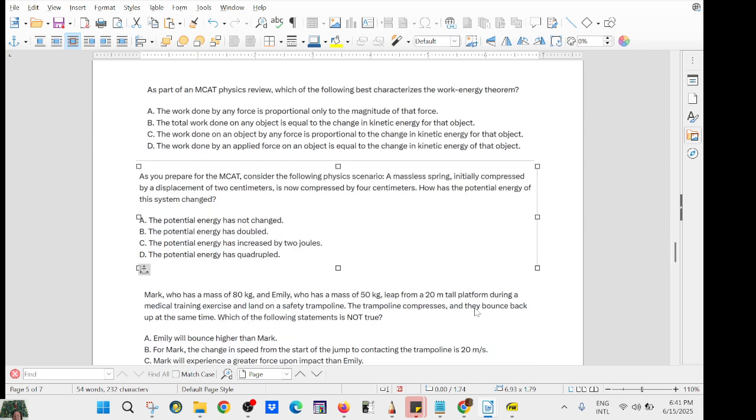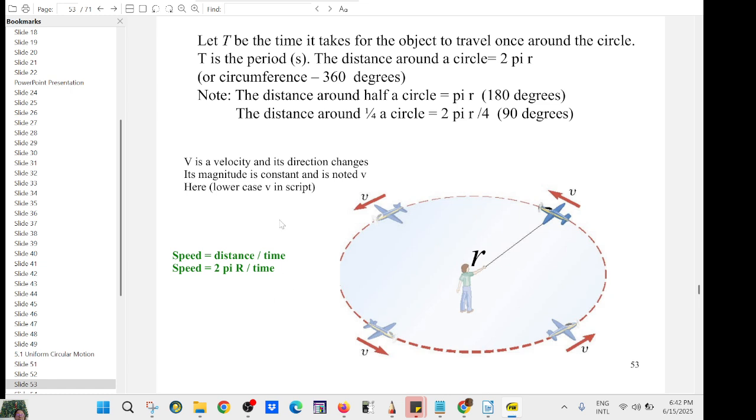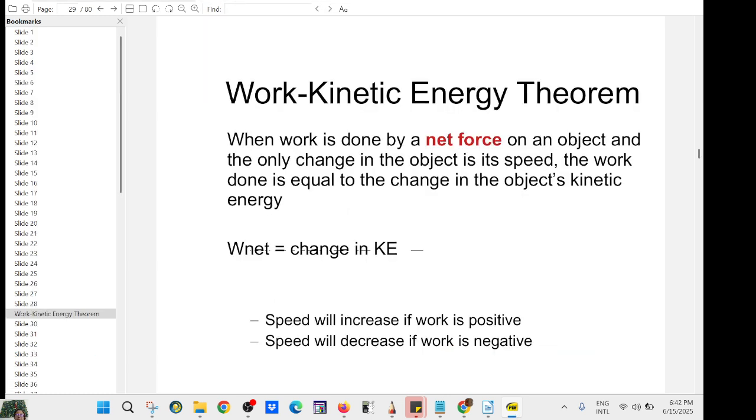So the work energy theorem. You just need to know the definition of the work kinetic energy theorem. It just says that the net work done on a system equals the change in kinetic energy.